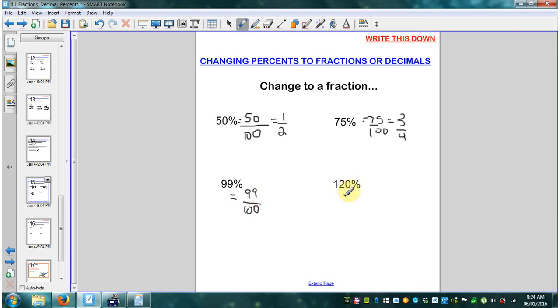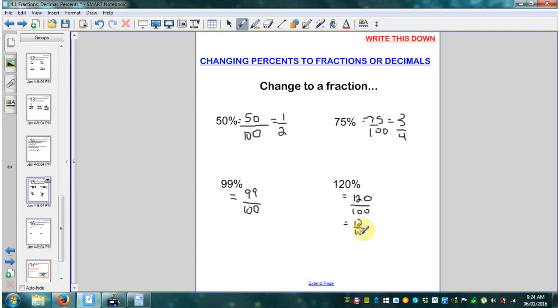And 120, don't be alarmed, we have a number bigger than 100, but the rule still applies. You follow your steps. 120, you write it over 100. Okay, so 120 over 100, we can simplify that. We can drop our zeros here. We have a 0 on the top and a 0 on the bottom, so that can become 12 over 10.